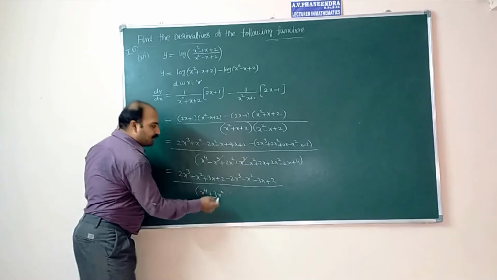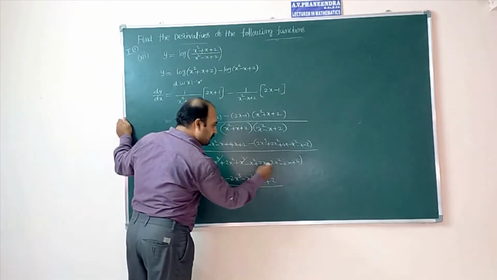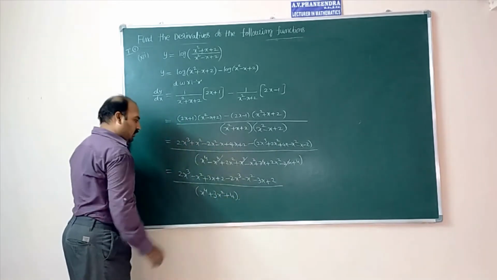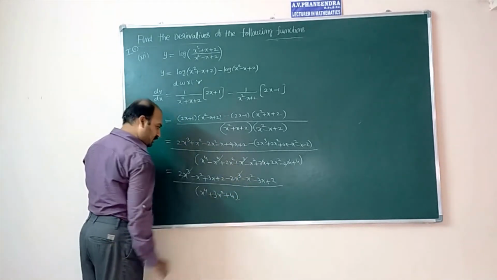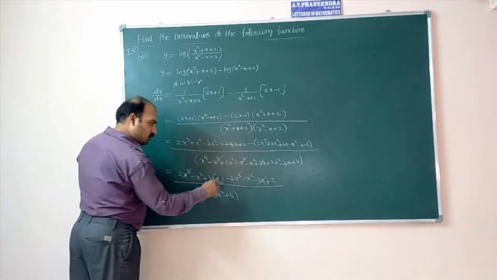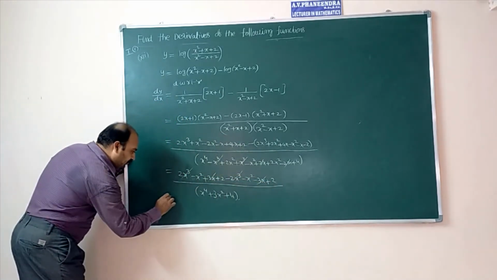Next, x terms 2x minus 2x get cancelled, plus 4. In the numerator also, plus 2x cube minus 2x cube, 3x minus 3x cancel, 2 plus 2 is 4.